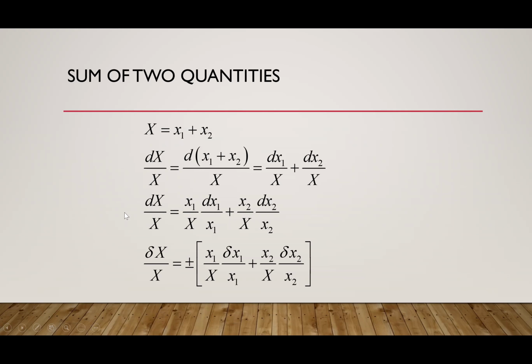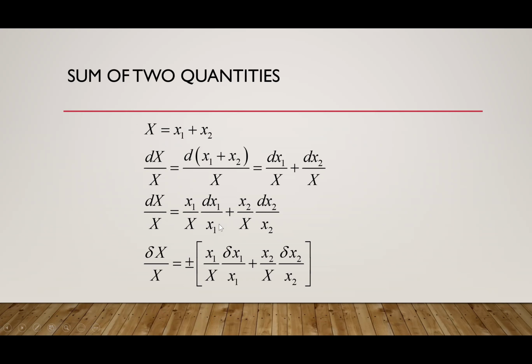Now, if you observe this, dx1 upon x1 and dx2 upon x2 are actually the relative limiting errors of the quantities x1 and x2. So x1 and x2 are the two values that I am going to measure. Capital X is actually the final value that I have to get. And dx1 upon x1 and dx2 upon x2 are the relative limiting errors in quantities x1 and x2.